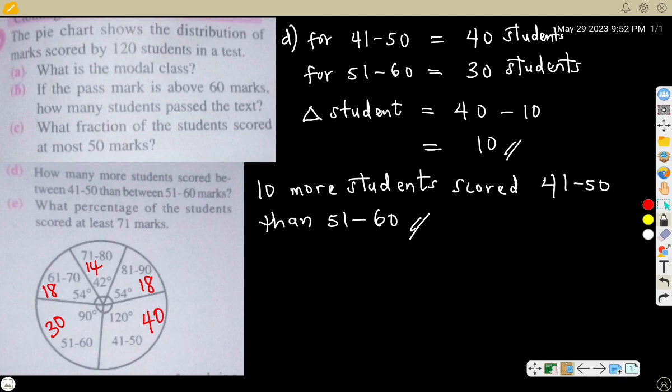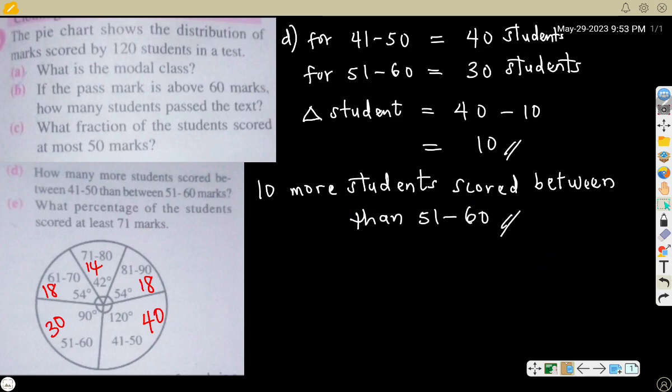That means 10 more students scored between 41 to 50 than 51 to 60. So that's it.